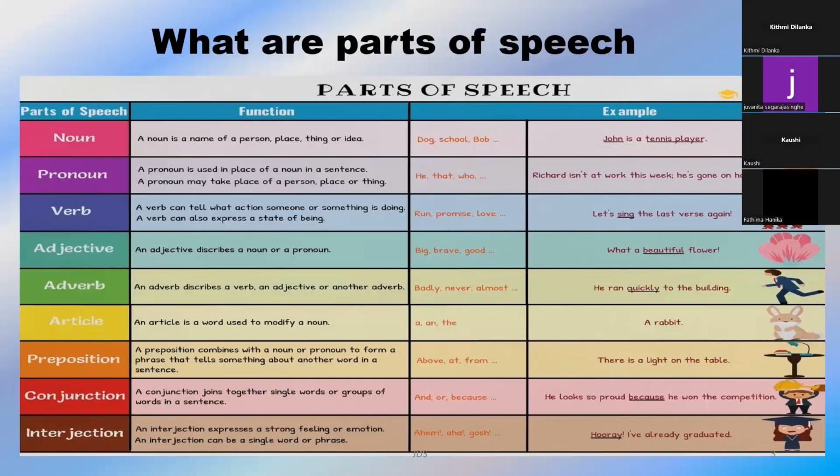All those from a surprise, different kinds of emotions, not the emotions, actually the expressions related to different kinds of emotions come under interjection. Right, so hooray is one example.